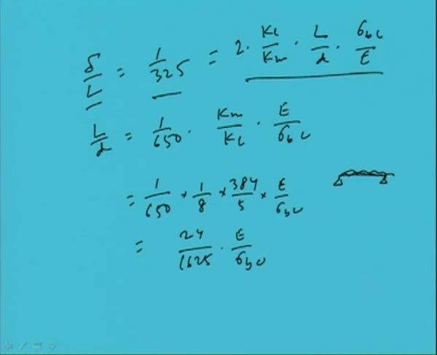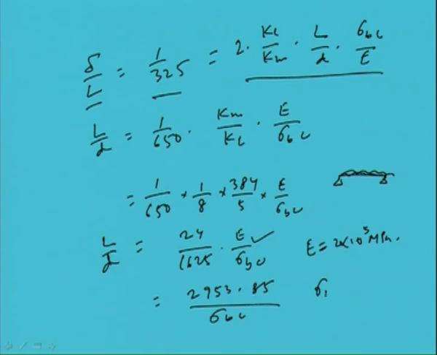So, the L by D ratio we are getting in this way. Now, we can put the value of E, generally taken as 2 into 10 to the power 5 MPa. So, we will get L by D as 2953.85 by sigma BC. Again we know sigma BC is 0.66 Fy.